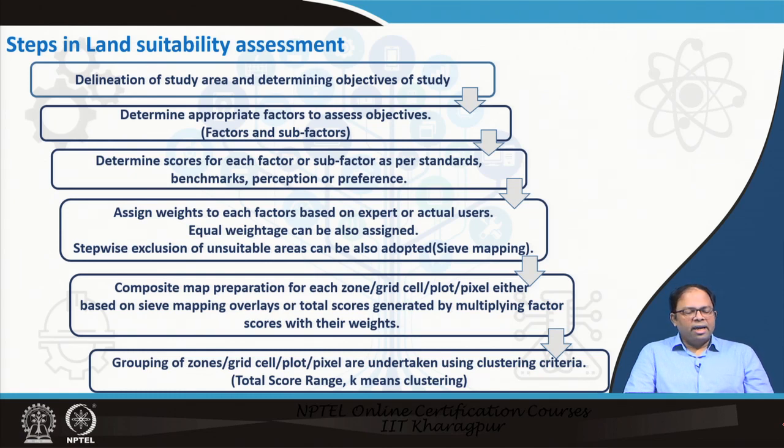And once we have understood these weightages and the scores, the next step is to create a composite map, and for each of these zones, and I have also included some more terms, a grid cell or a plot or a pixel, and all these divisions are based on in what detail you are doing your analysis. For example, we can have zones which could be based on administrative boundaries.